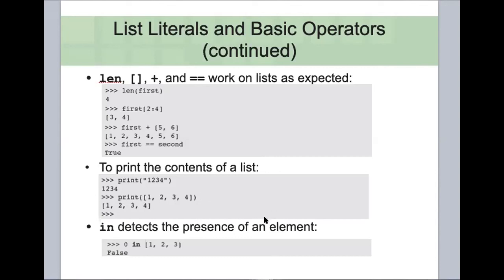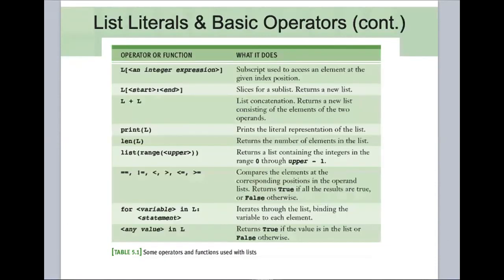The in operator detects the presence of an element. So it sees if, let's say, 0 is in that list 1, 2, 3, which is obviously false. There's a set of other list operations here. You'll see a subscript being used to access an element at a given index position.